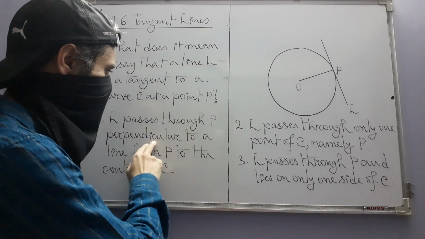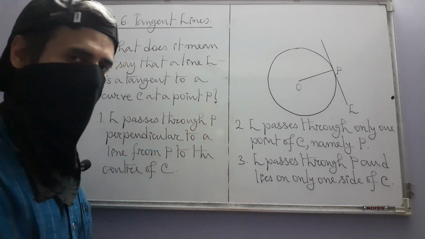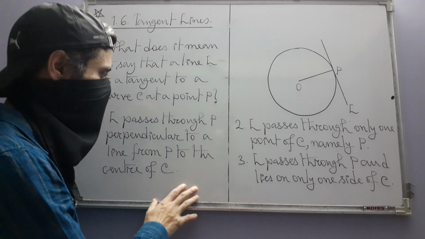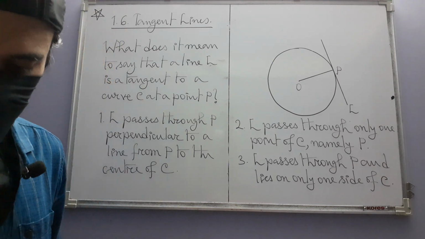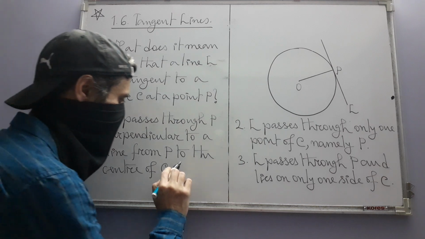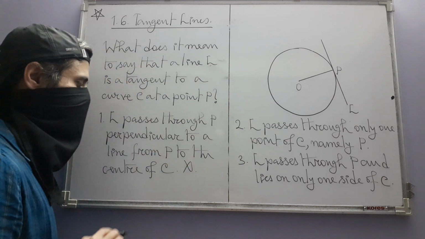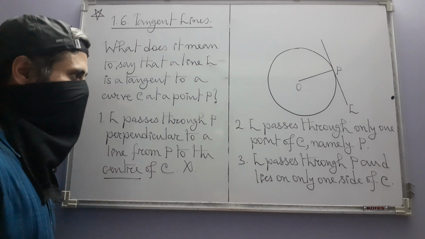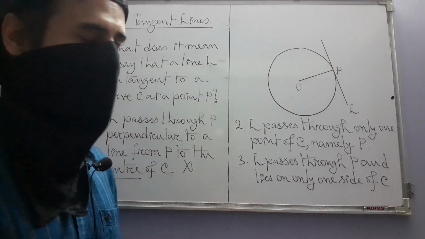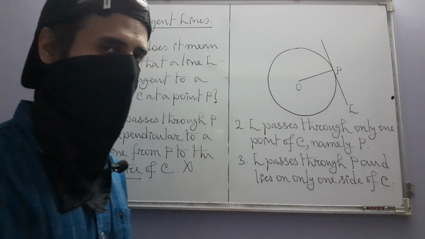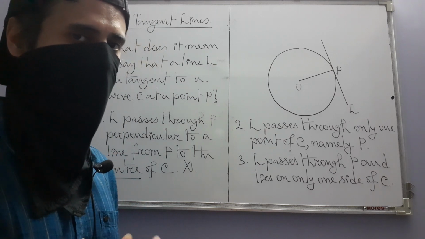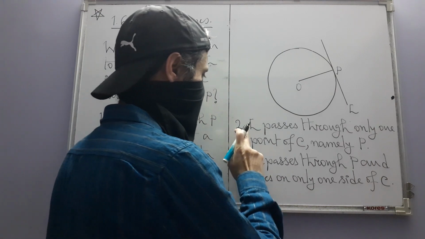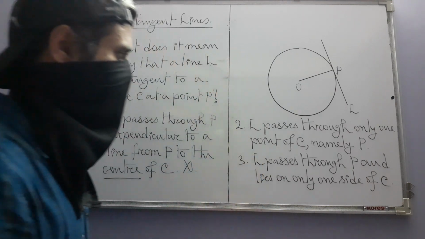So this first observation becomes useless for general curves simply because centers are not well defined for any curve. For circles, of course, centers are there, but for a general curve, there is no such notion of center. There is a second observation though.